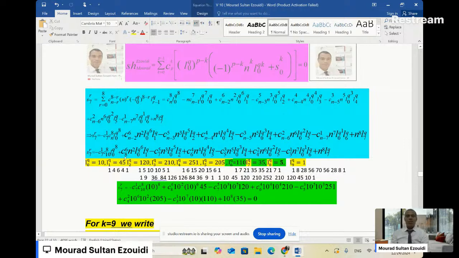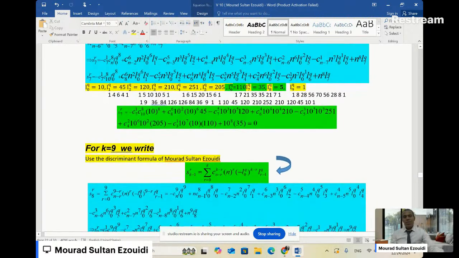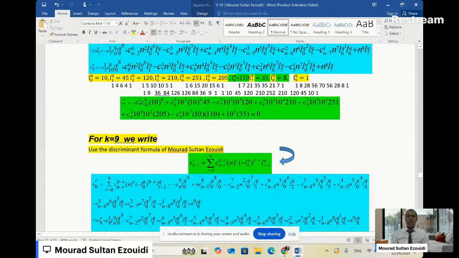So now we will use the coefficients from L0 up to L7. Now this calculation makes S7 equal to 0. It remains now S8 and S9. S8 here is going to be equal to 0, and S9 is going to be equal to 9.